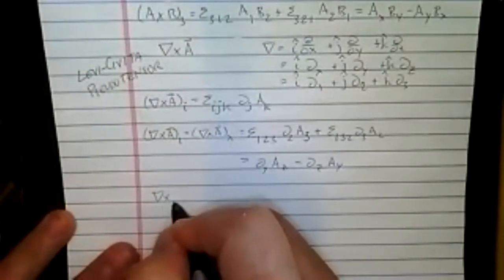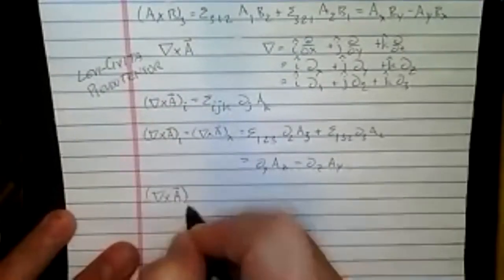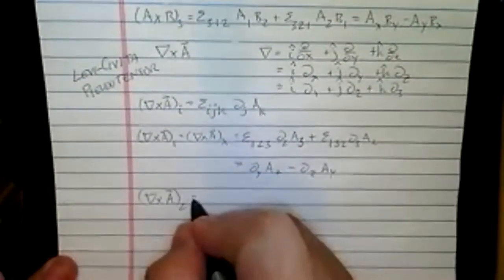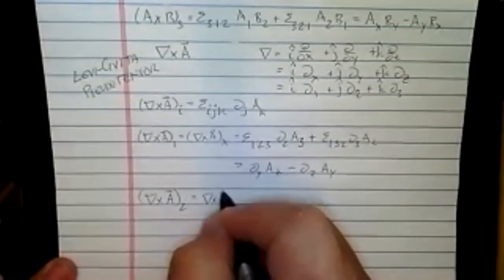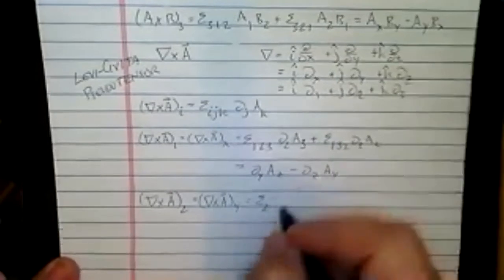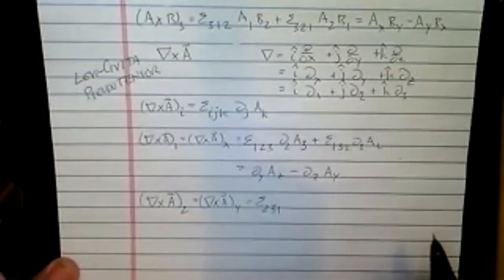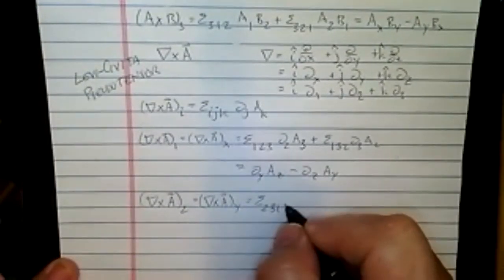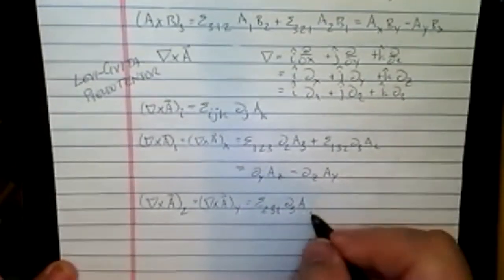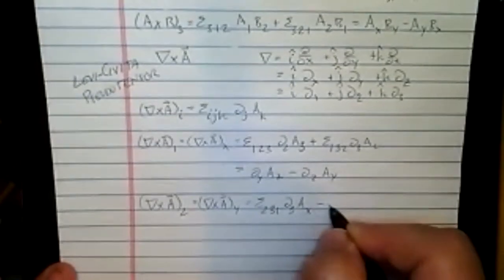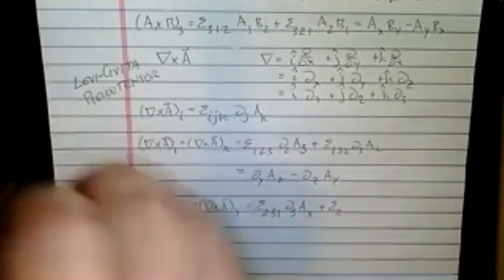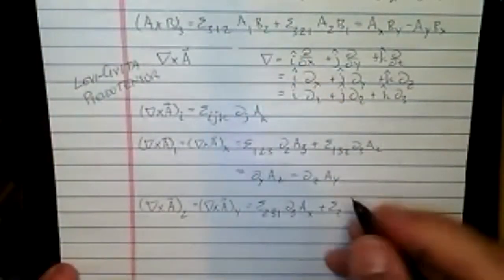Similarly, the curl of A, y component, in other words 2, is equal to del cross A sub y. That again is epsilon 2, and that has to be ended with 3, 1 to be cyclic. So we're going to say that that's partial sub 3 A sub x plus epsilon 2, and then I'm going to flip those two, and it looks like I've grabbed my dead pen again.